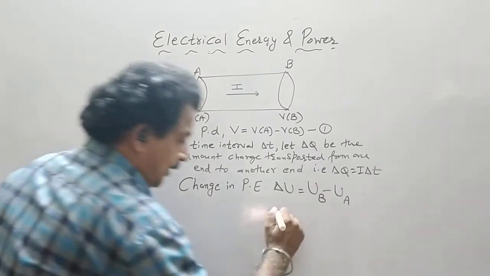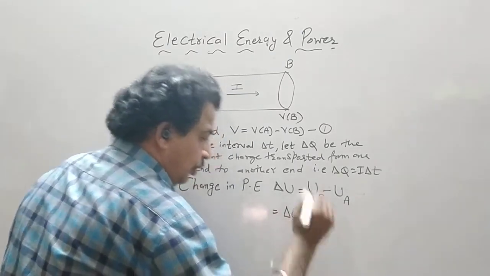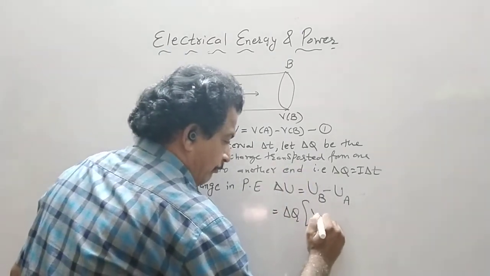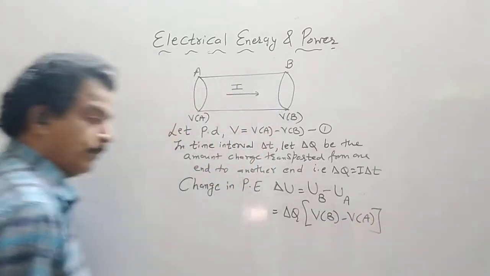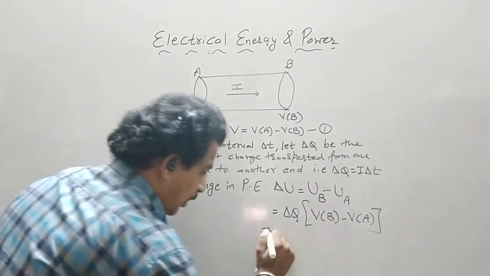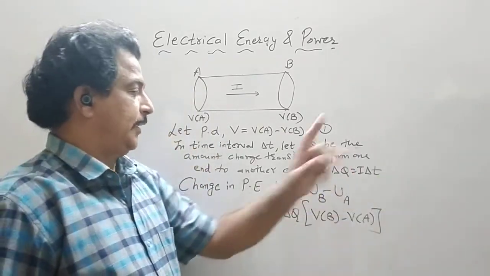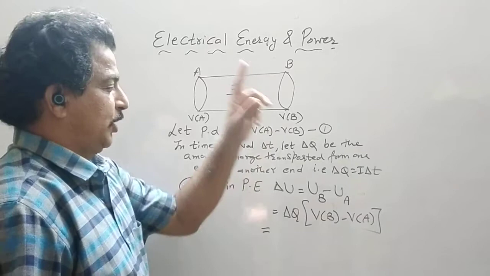Now this can be written as delta Q into VB minus VA, that is equal to, now delta Q is I delta T, and VA minus VB.